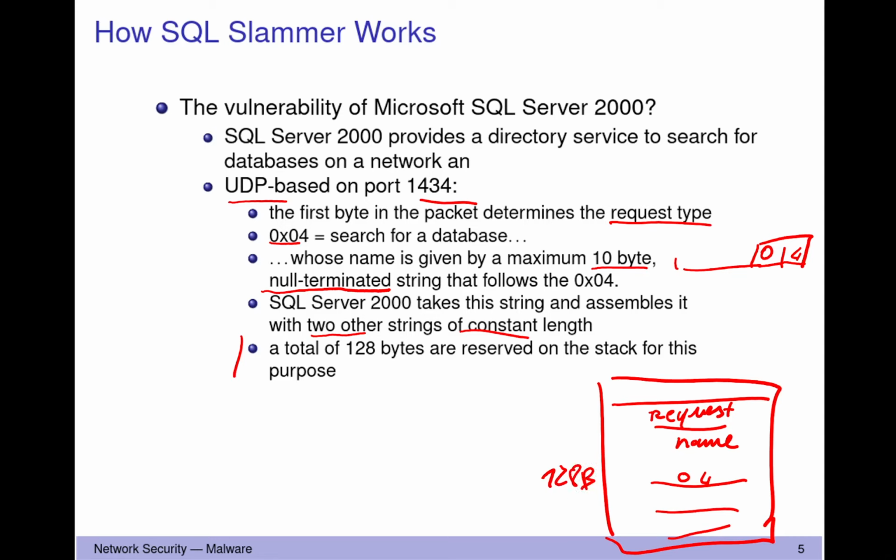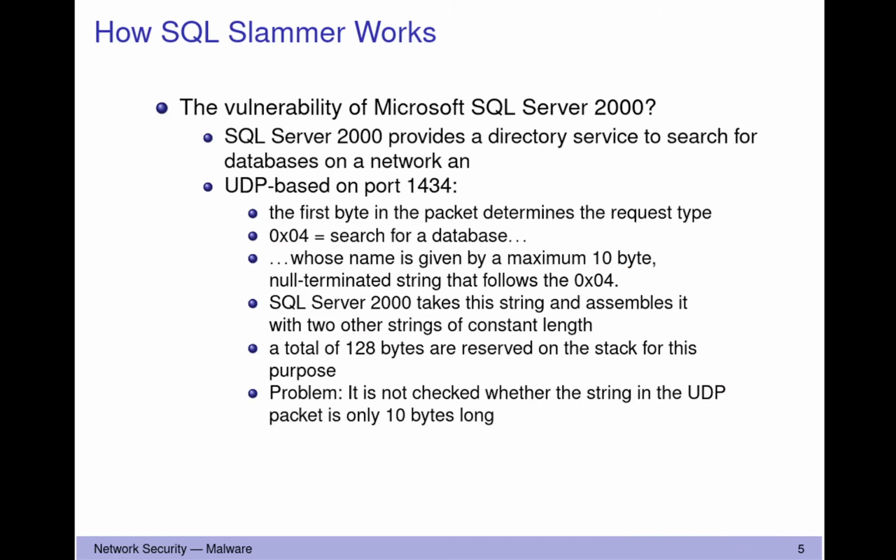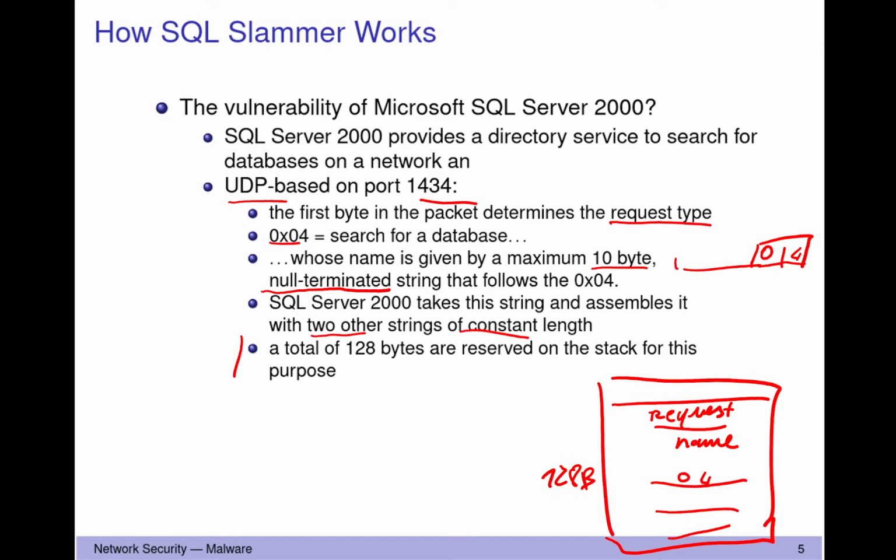So, and one issue that was happening here is it was not checked whether the UDP packet really contained only just 10 bytes. So what happens if the packet was larger? If you go back, then basically this name, that it's not checked whether it's at maximum 10 bytes, could be longer. And if it exceeds this 128 bytes, what happens then?